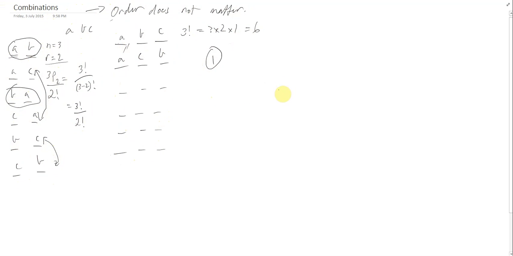So generally speaking, if we have n objects and r positions, the number of combinations is written using a C, not a P, and we say nCr.